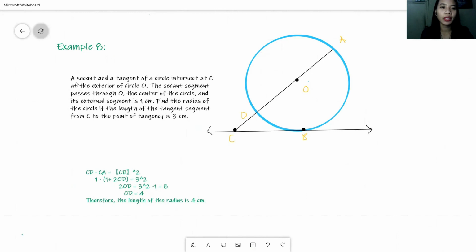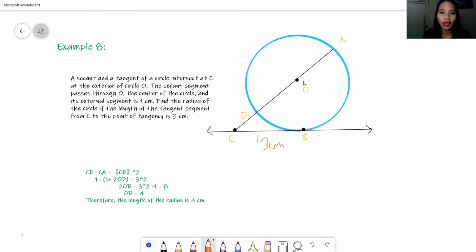So the problem in example 8 is a secant and a tangent of a circle intersect at C, at the exterior of the circle O. The secant segment passes through O, the center of the circle, and its external segment is 1 cm. Find the radius of the circle if the length of the tangent segment from C to the point of tangency is 3 cm. So our 3 cm here is this one.